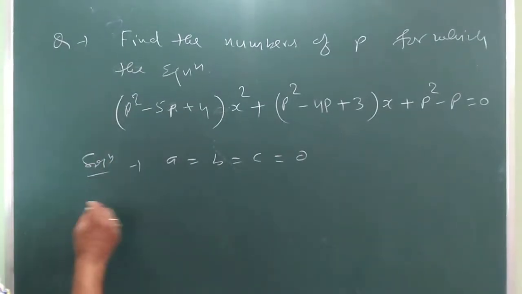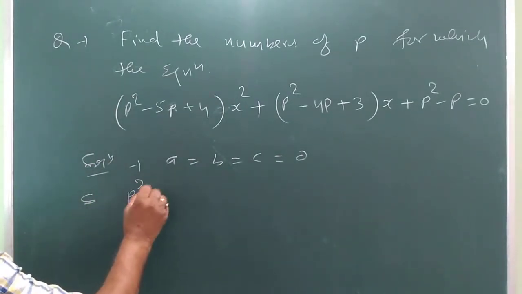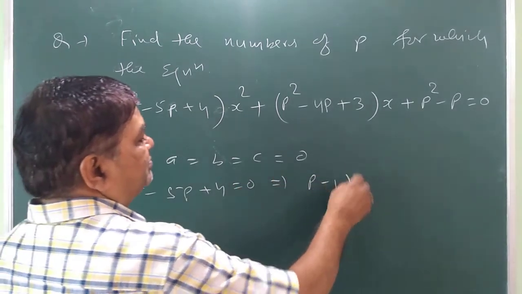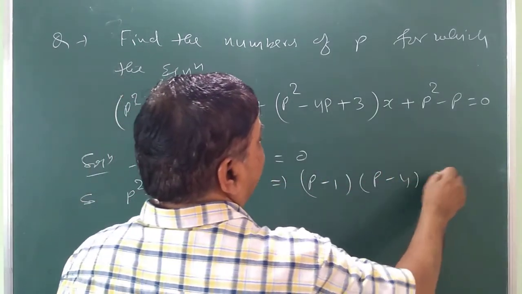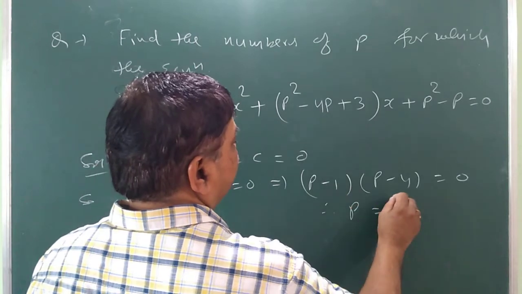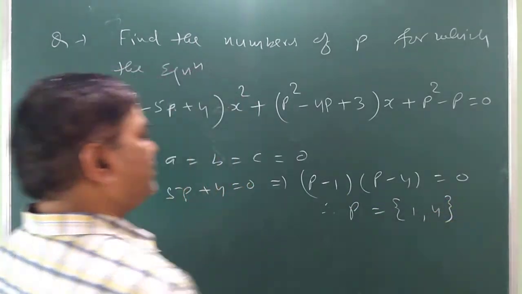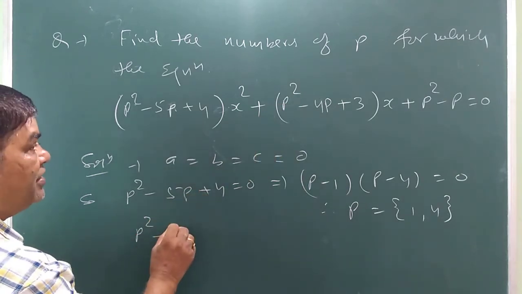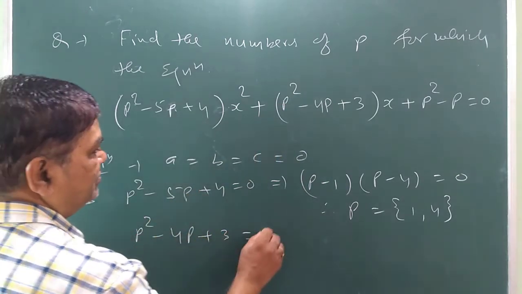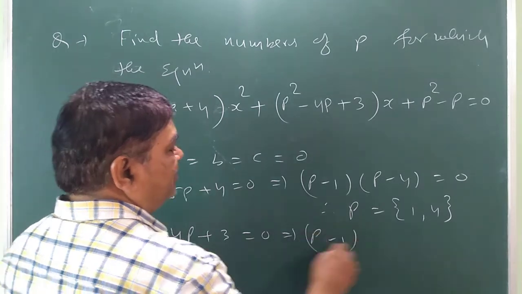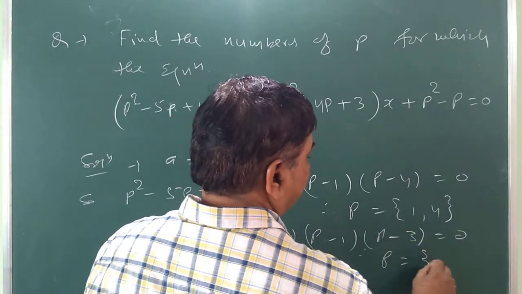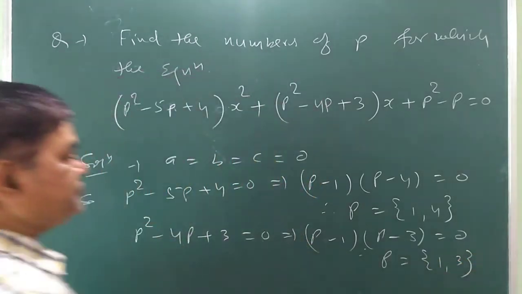So first one is p square minus 5p plus 4 is equal to 0, that is p minus 1, p minus 4 is equal to 0. So p has two roots, 1 and 4. Similarly, this one is p square minus 4p plus 3 is equal to 0, that is p minus 1, p minus 3 is equal to 0. So p has two roots, 1 and 3.